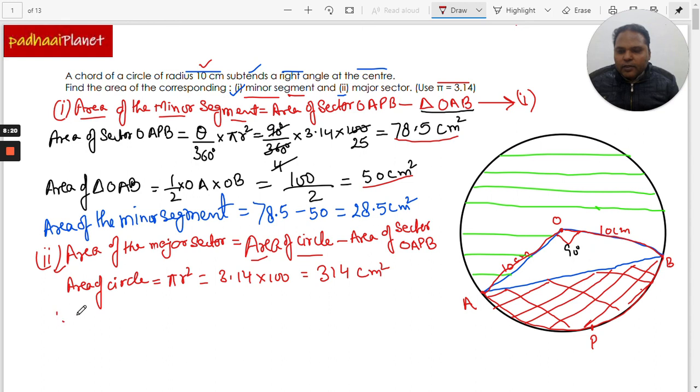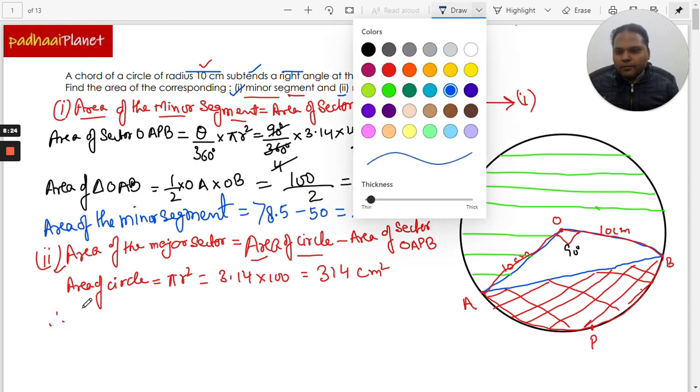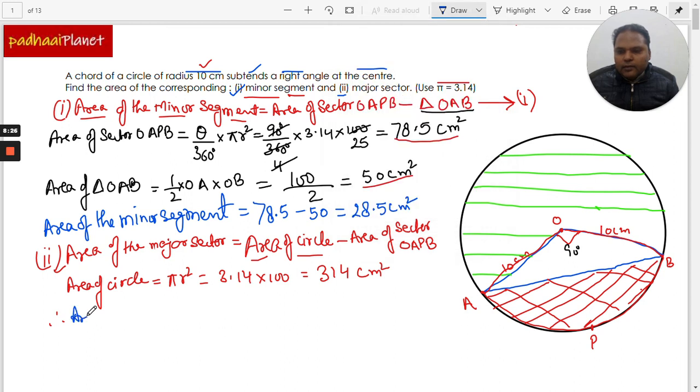So therefore we can say that the area of the major sector is equal to 314 minus the area of the sector OAPB, and which is this.